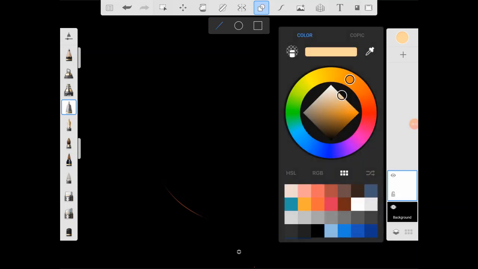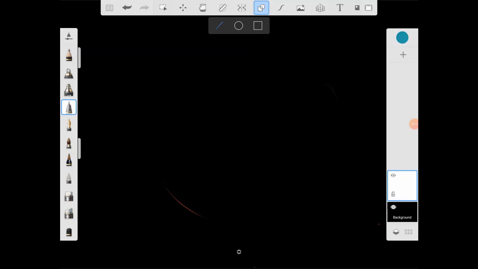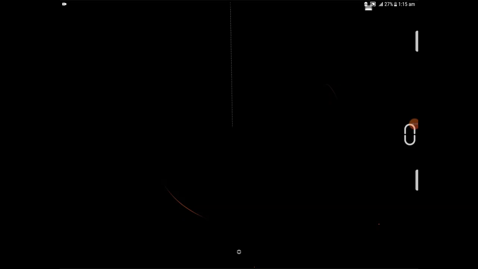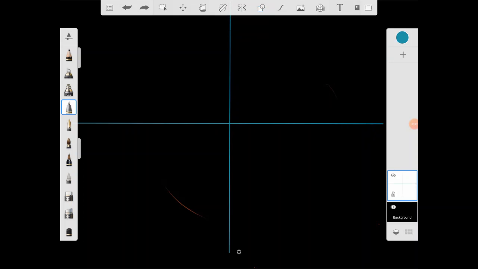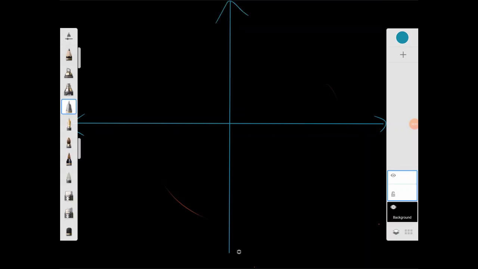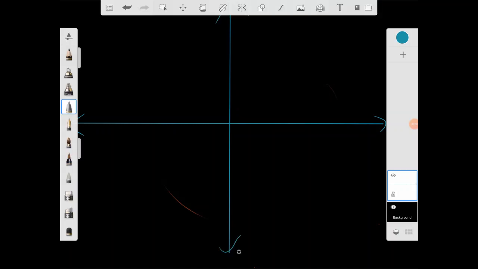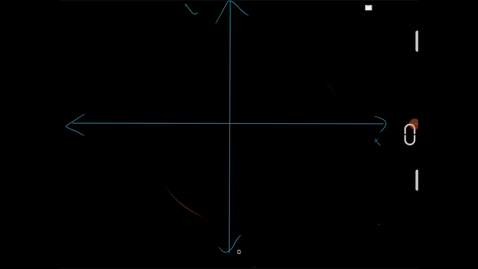So let me use a blue color, some different color. Let me draw my line. Okay, this is a little cool. I will mark this as my x-axis and this will be my y-axis.